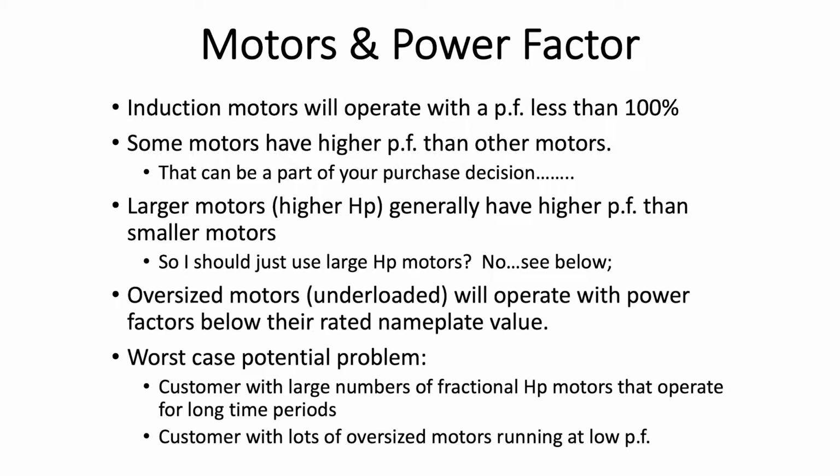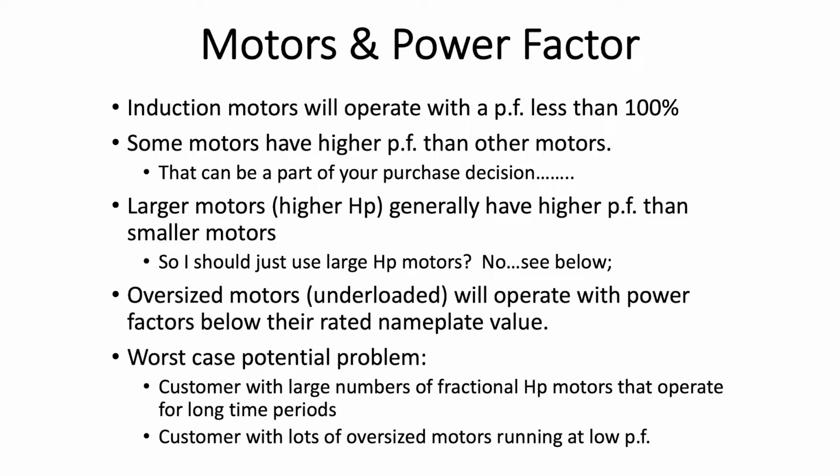Large motors generally have higher power factor than small. We mentioned that before. So I should just use large horsepower motors. Well, not necessarily, because when I oversize those motors or underload them, they're going to operate with a lower power factor.